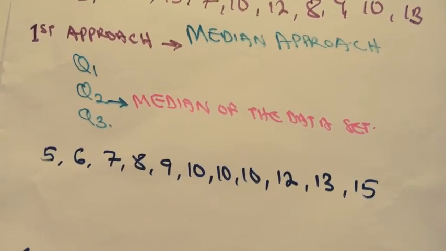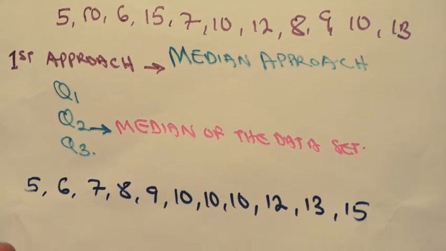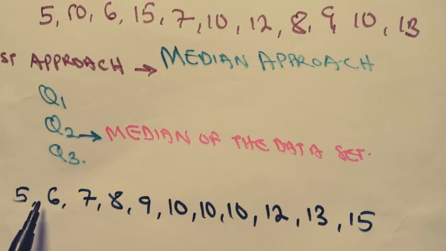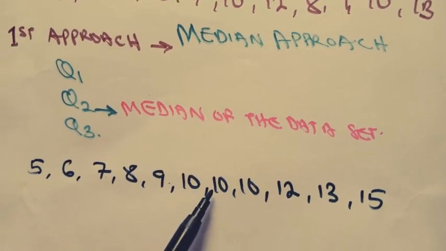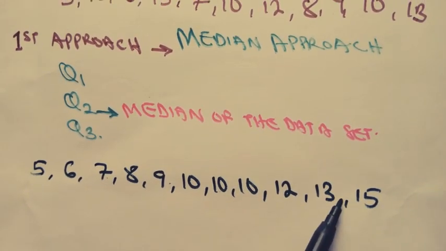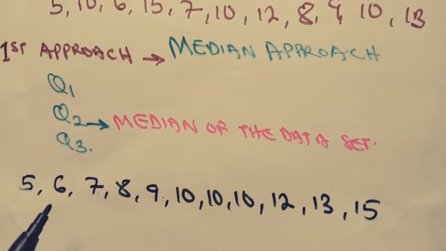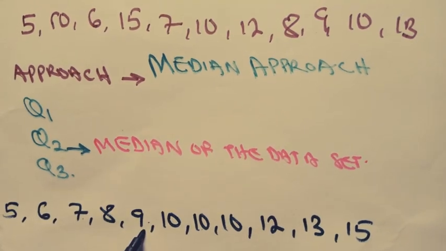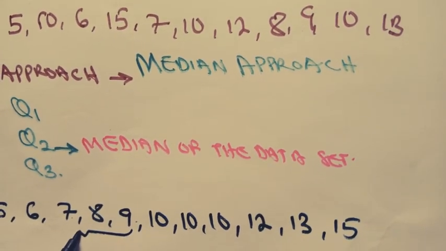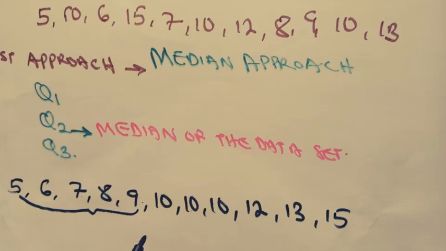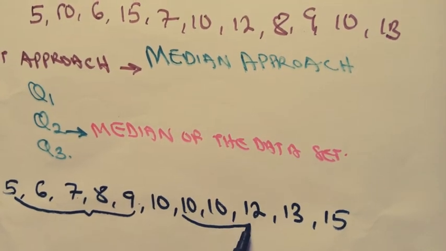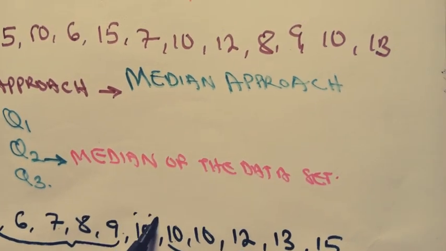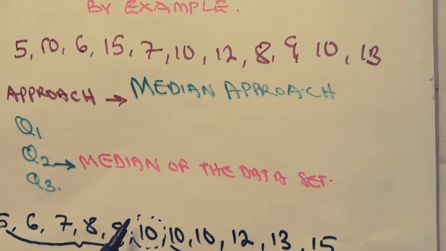Looking at this, if we decide to cut these numbers into two equal halves, we can count 1, 2, 3, 4, 5, 6, 7, 8, 9, 10, 11 numbers in total. So we are going to have 5 numbers in the lower half and 5 numbers in the upper half, and in the middle we have 10.